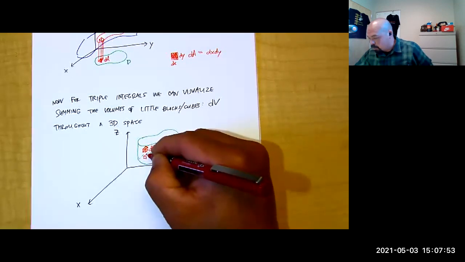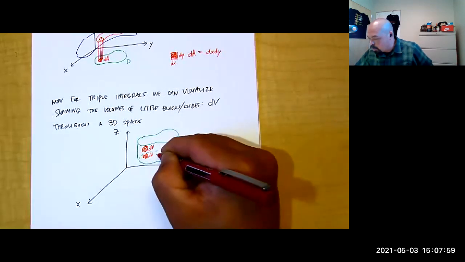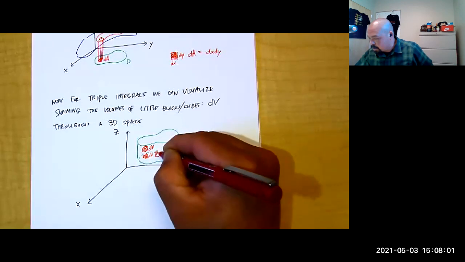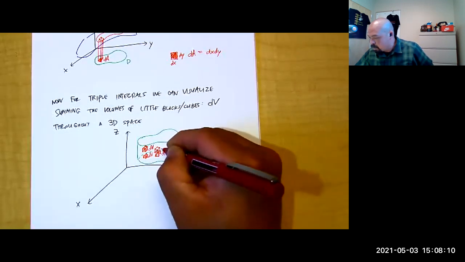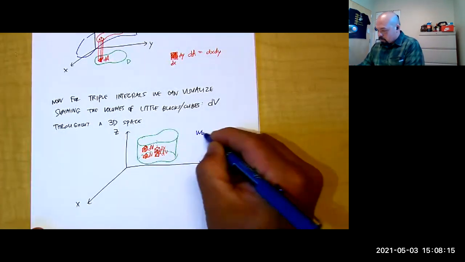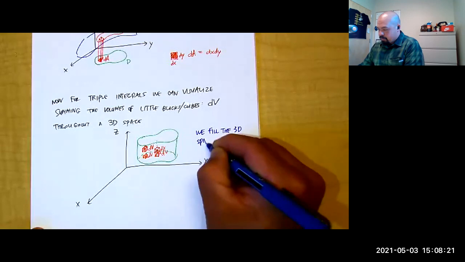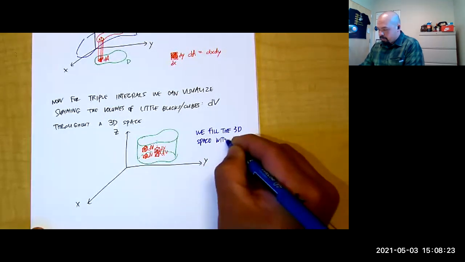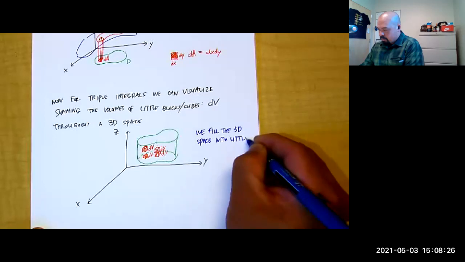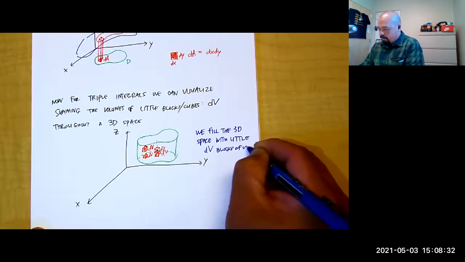And again, it's almost like having those columns we had done before, but taking all these little dV and accumulating those, adding those up, stacking them up, if you will, to fill that space. Okay, so here we fill that 3D space with those little dV blocks of volume.